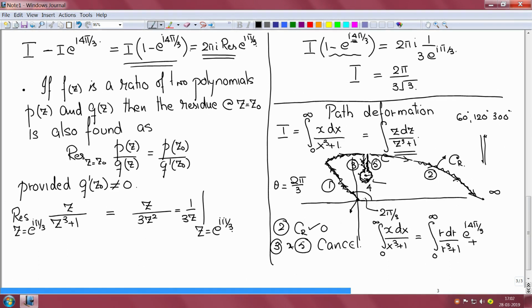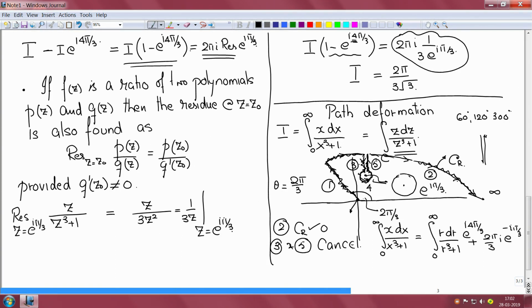I am going here counterclockwise round a pole at e to the power of i pi by 3. So I will have a residue contribution, okay. So that residue contribution is already there up here, okay, which is twice pi by 3 i e to the power of minus i pi by 3.